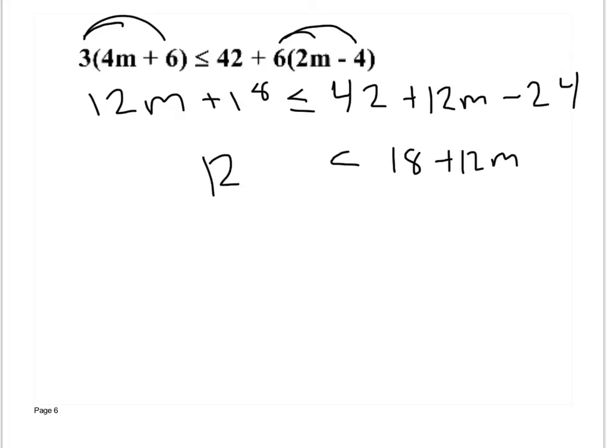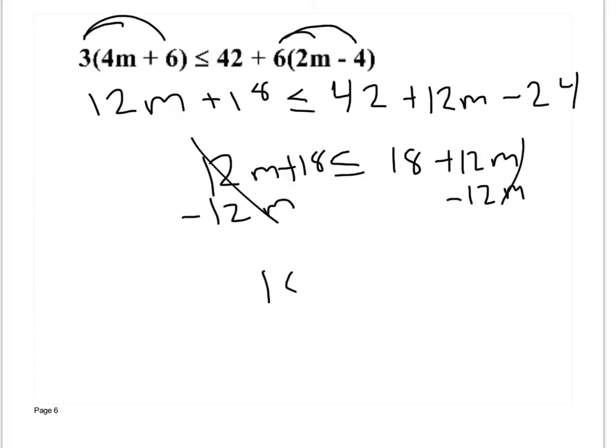You have this 12m plus 18 is less than or equal to 18 plus 12m. Get rid of the 12m. Doesn't matter which side. And you have this 18 is less than or equal to 18. Is that a true statement? Yes, it is. Okay, because 18 is equal to 18. So what this means is that m, it doesn't matter what m is, it's true. It will always be true.